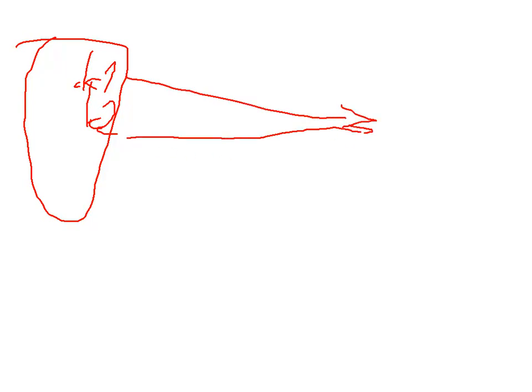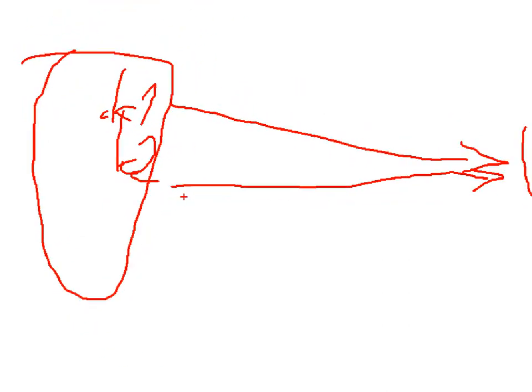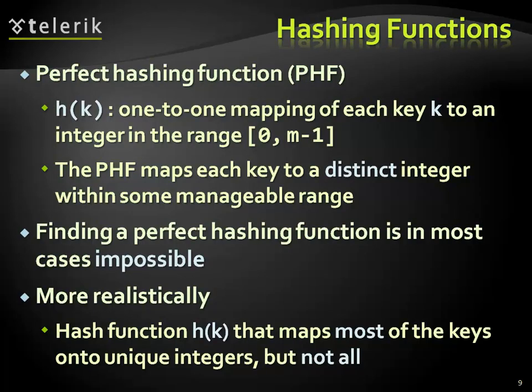It means that when you have a multitude of keys, there could be two keys, for example, key 1 and key 2, which map to the same value, for example, h1. But this should be very, very rare. As rare as possible. But it happens. And how do we resolve stuff like that? We'll see a little bit later on.